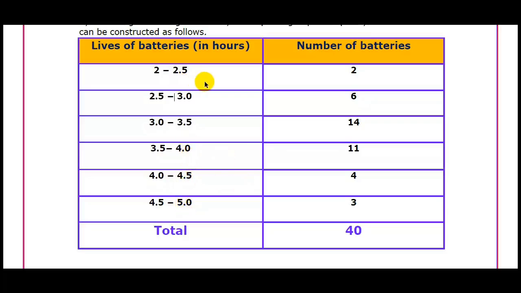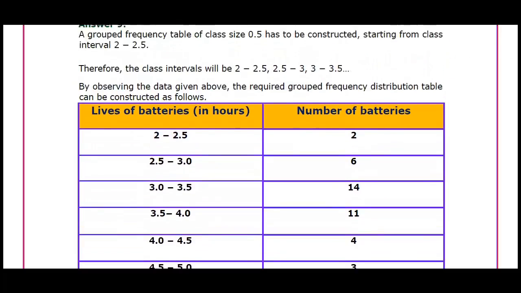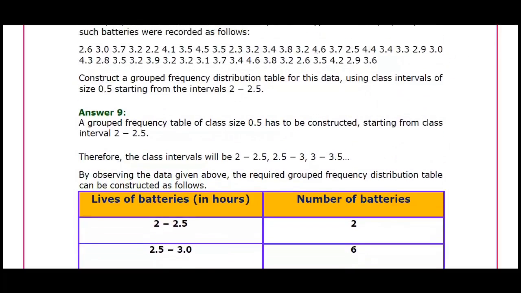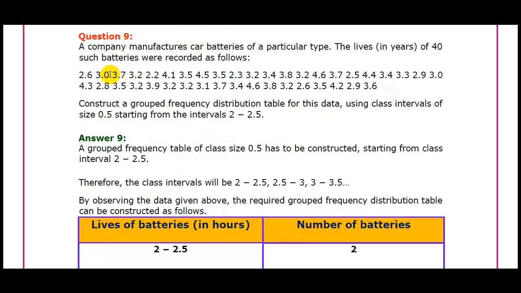Now let us see how many frequencies are there in the class interval 2 to 2.5. So we can check the given data. Here we are going to see those numbers lying between 2 to 2.5. So here one is 2.2, another 2.3. 2.5 will not be included here; it will be included in the next interval.